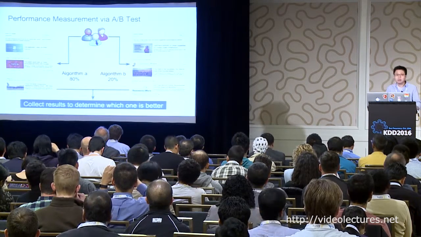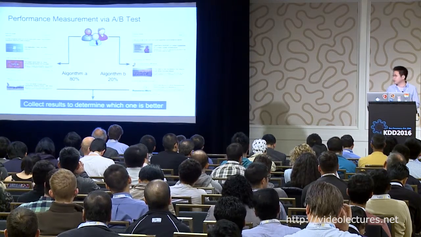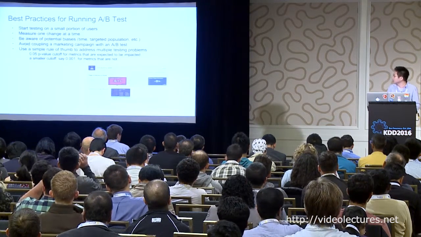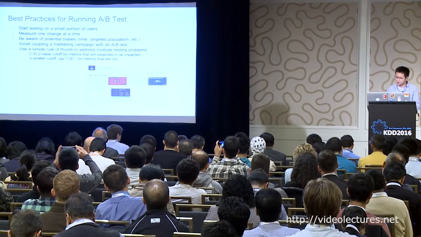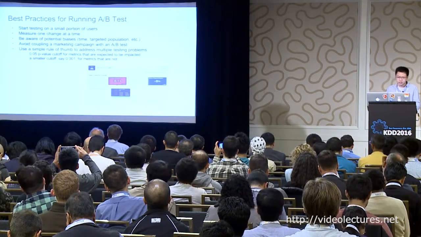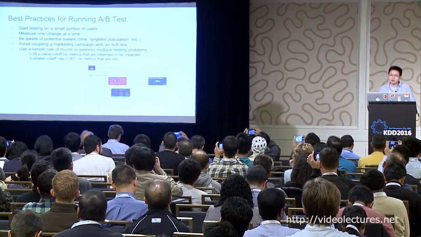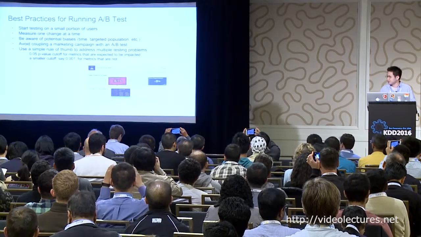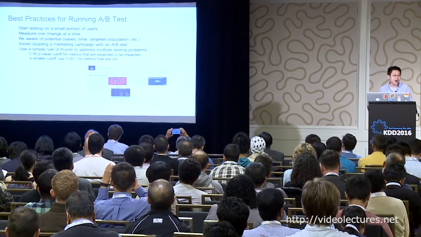In this talk, I'm not going to tell you the details about how to set up an A/B test. Instead, I will share some best practices for how to run an A/B test. So first of all, always start by testing the new algorithm on a small portion of the users, because we want to reduce the potential risk of running a new algorithm.